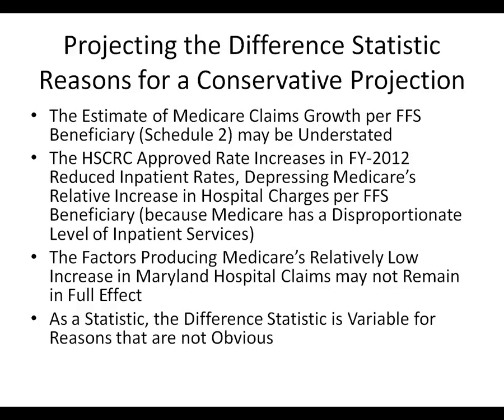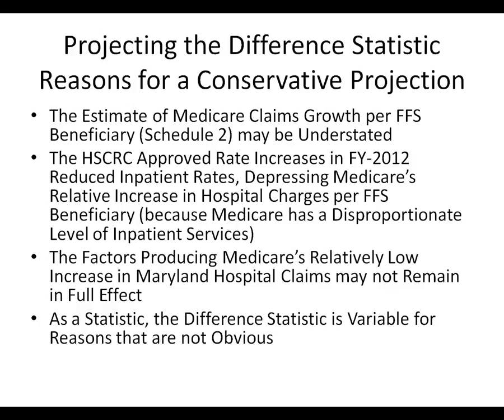Secondly, the experience of the hospitals in 2012 relative to Medicare was far more favorable than we can expect in the future, because in that year we had highly depressed inpatient rates and relatively high levels of increases in outpatient charges, and that mix of rate increases will cause Medicare claims per fee-for-service beneficiary to rise far less than if the rate increases were across the board uniform.